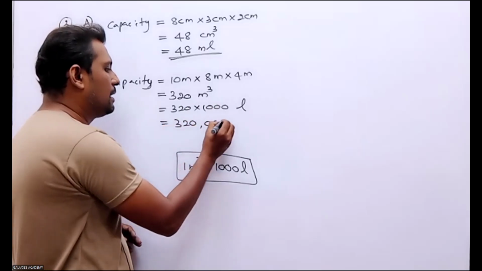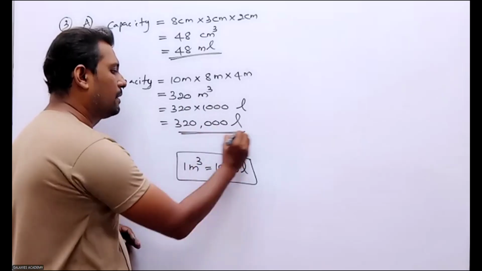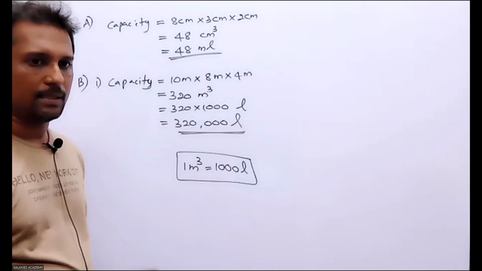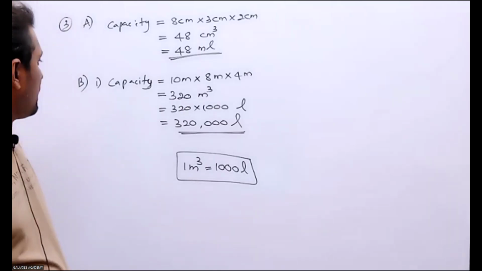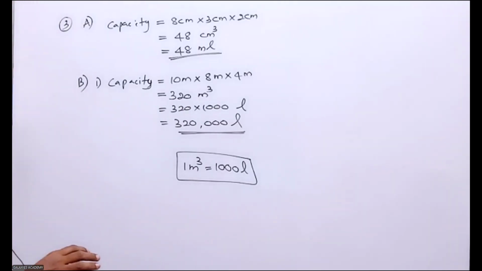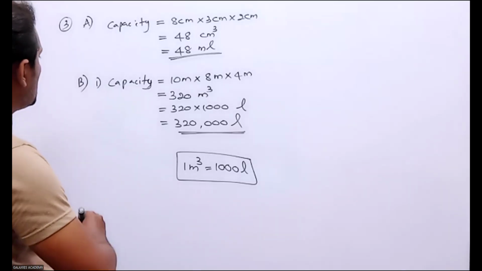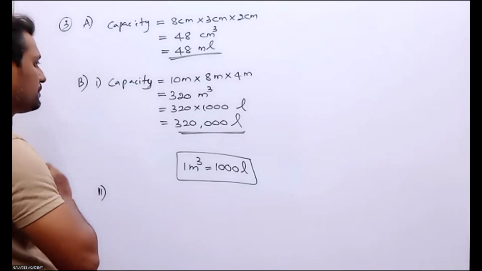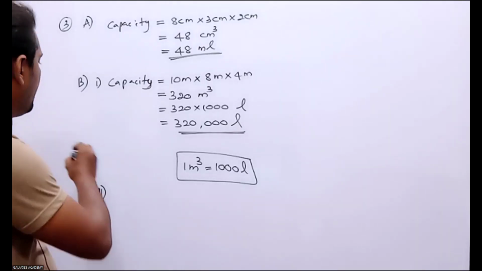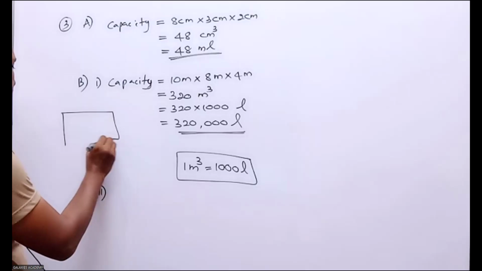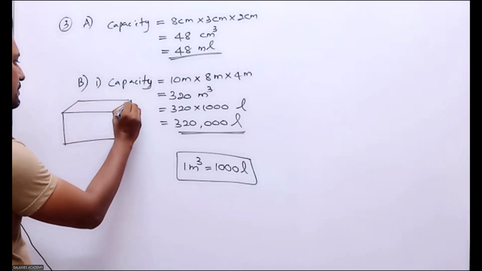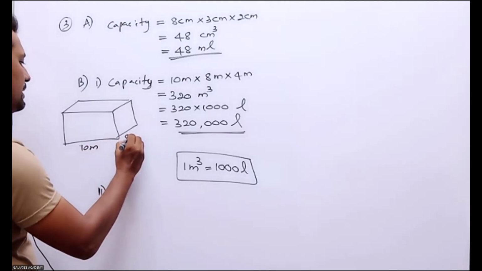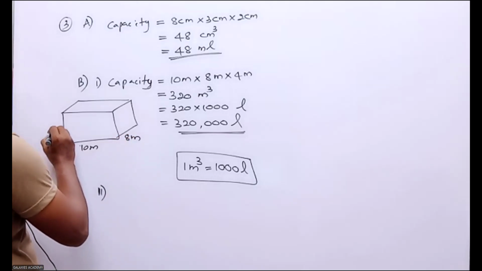This is the answer in liters: 320,000 liters. Okay, it is the first part of capital B. Right, the tank is given like this. Length is 10, breadth is 8 and height is 4.